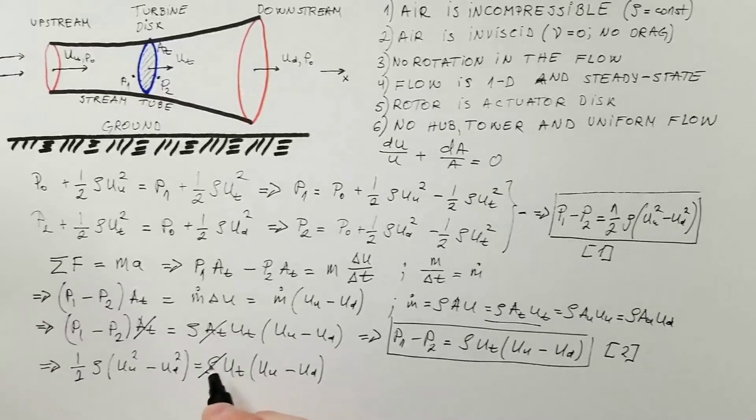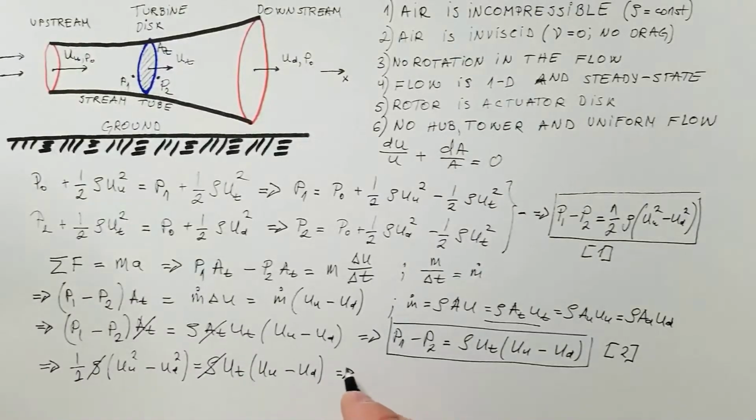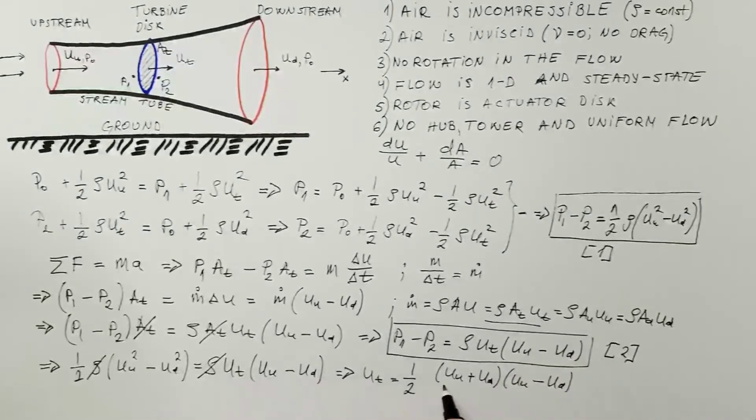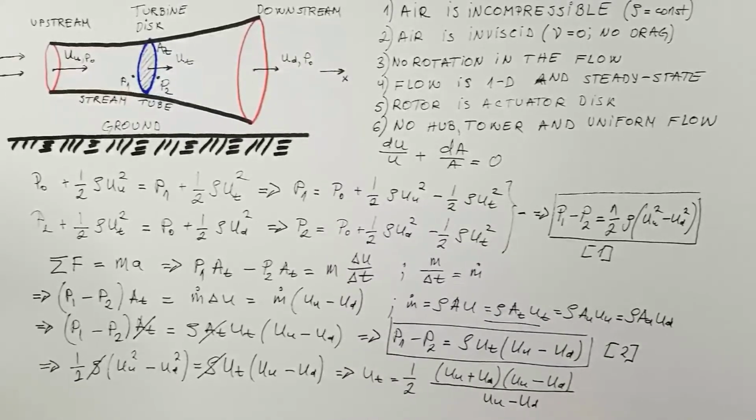Of course, I cancel densities, and from here I get that UT, I want to find UT, as we said, is 1 over 2 this over this, but this can be expressed as U upstream plus U downstream times U upstream minus U downstream, that's this term, divided by this U upstream minus U downstream.